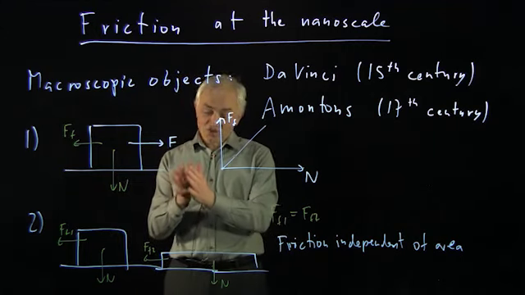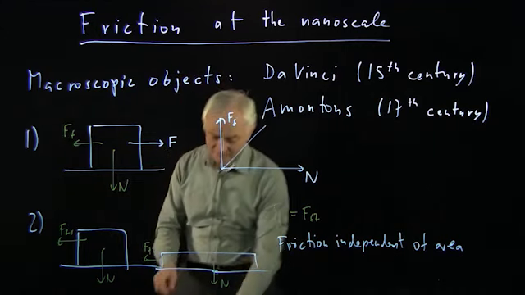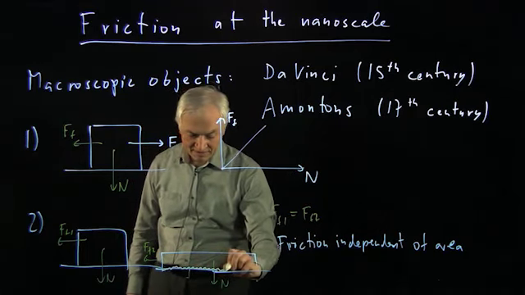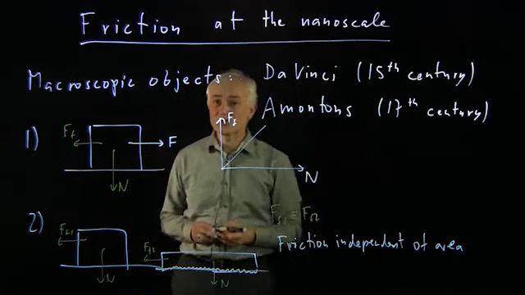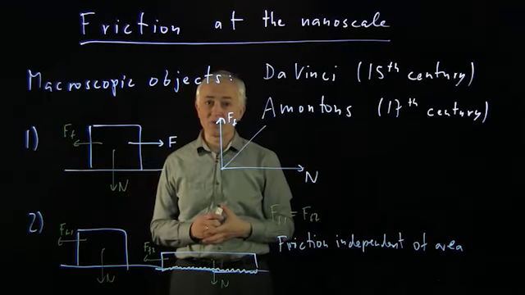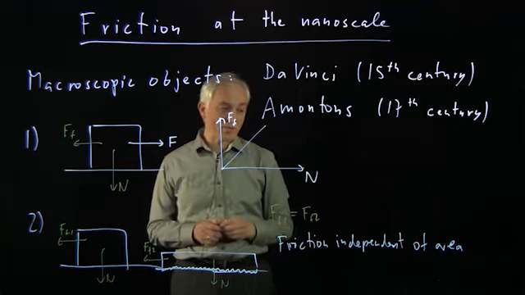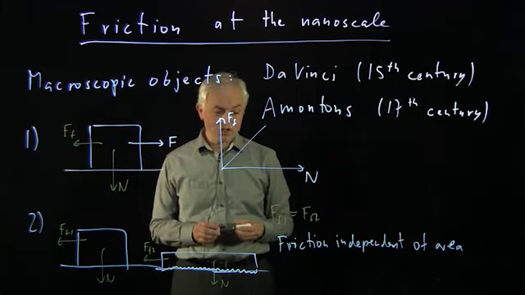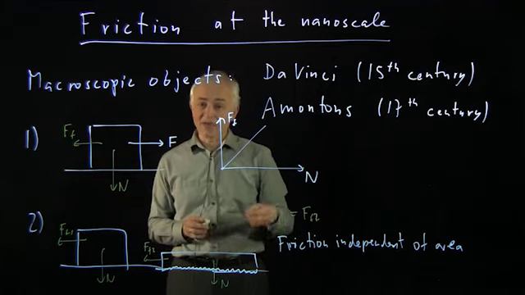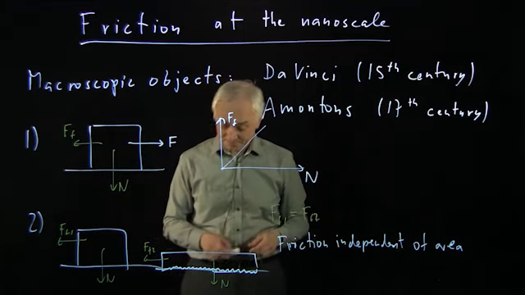And so the actual contact area between two surfaces, so if I really draw the surface of the object here, then the actual contact area between two surfaces might not be the observed area of the macroscopic object. And so this is maybe one way to explain why the friction is independent of the area, because it might only be proportional to the actual contact area of the system.